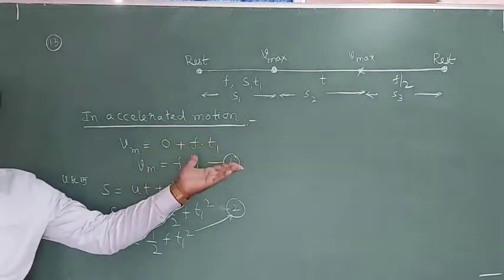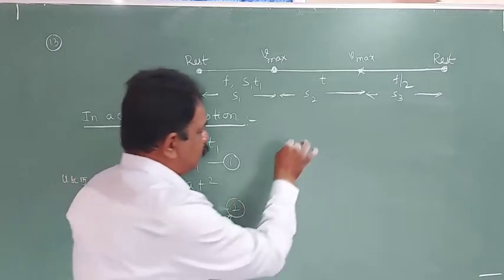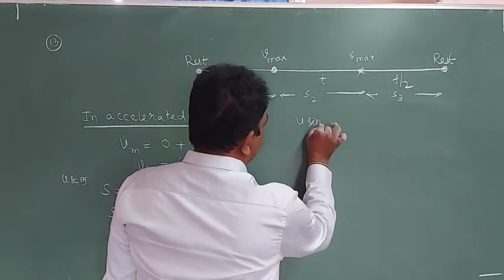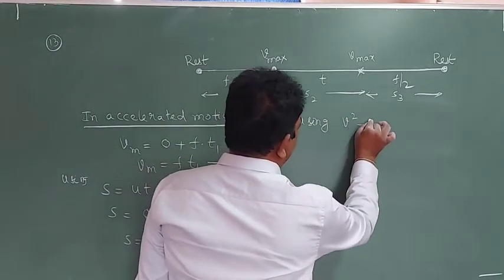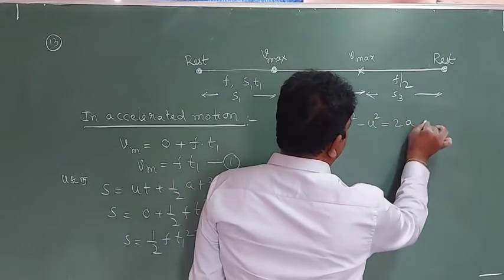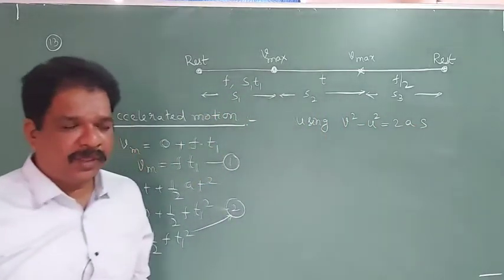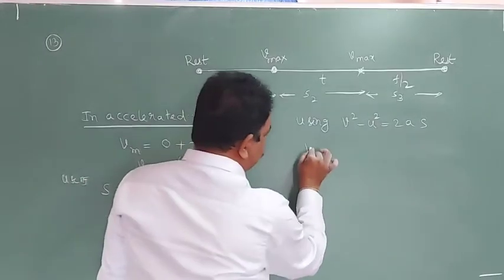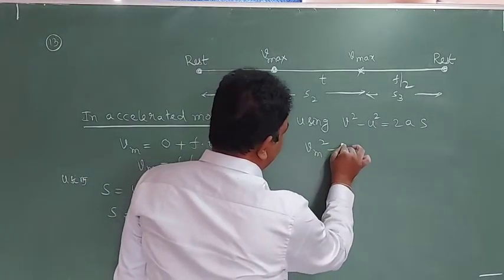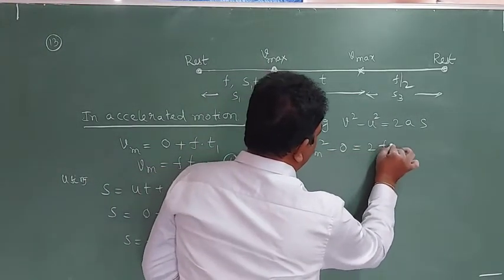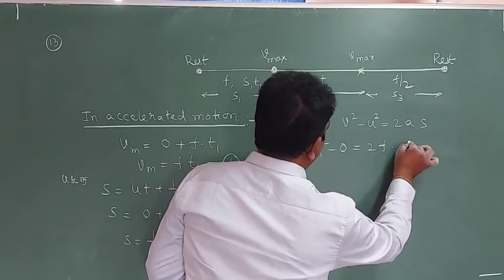We'll use v square minus u square is equal to 2as. Vm square minus 0 is equal to 2f into s.